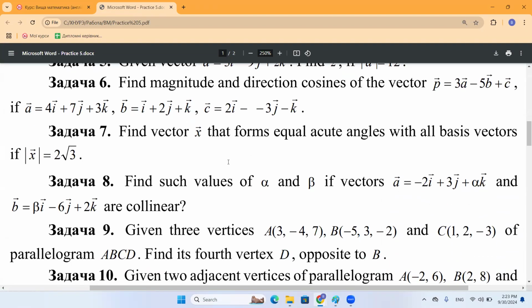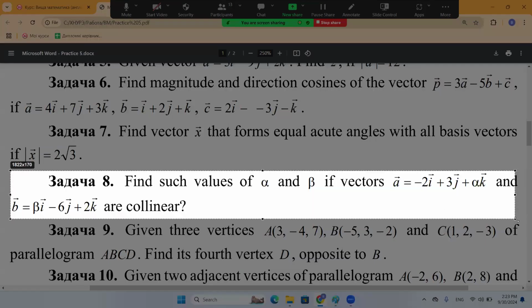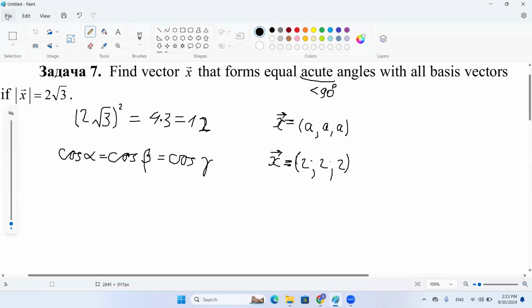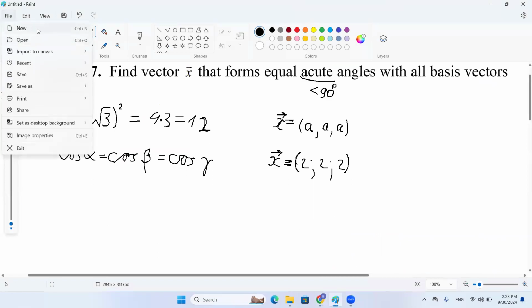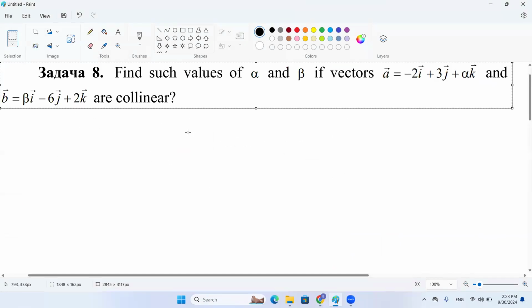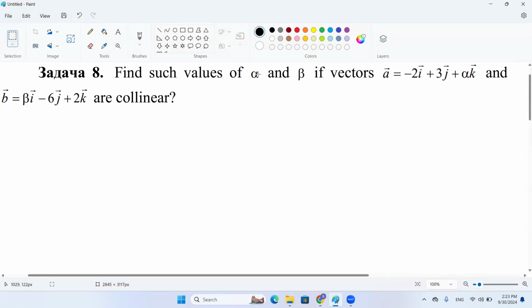Okay, task 8. We need to find values of alpha and beta for which vectors A and B are collinear. How to check if two vectors are collinear, by the way? Stanislav?